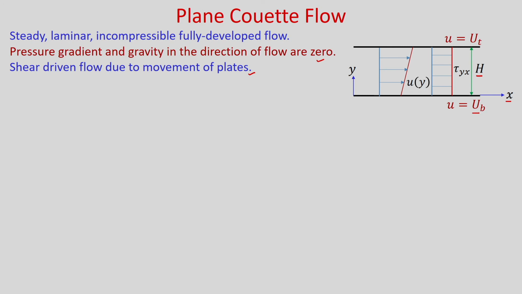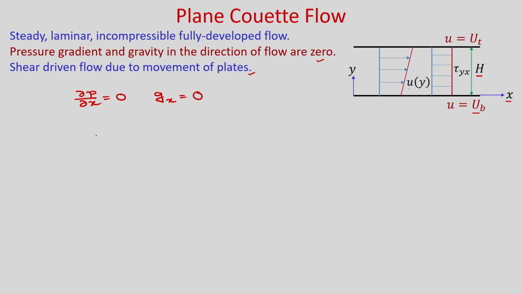So, in general, first we will find the velocity distribution and the shear stress distribution, and then we will calculate the volume flow rate. As we have seen, del p by del x is 0 and g x is 0.